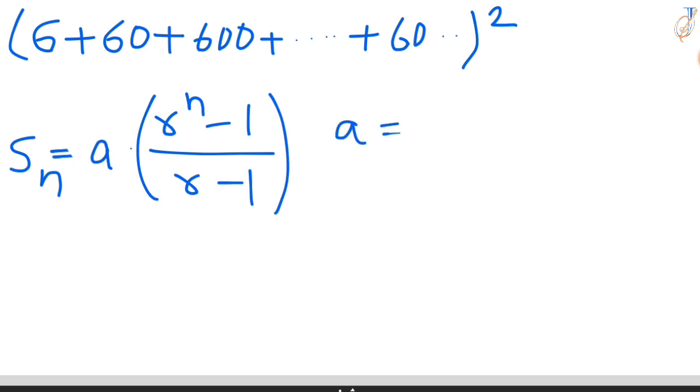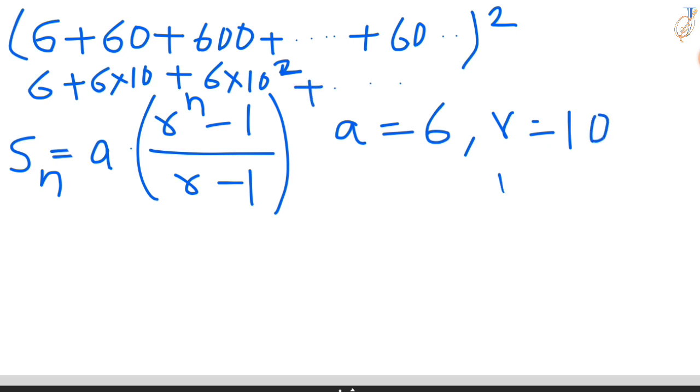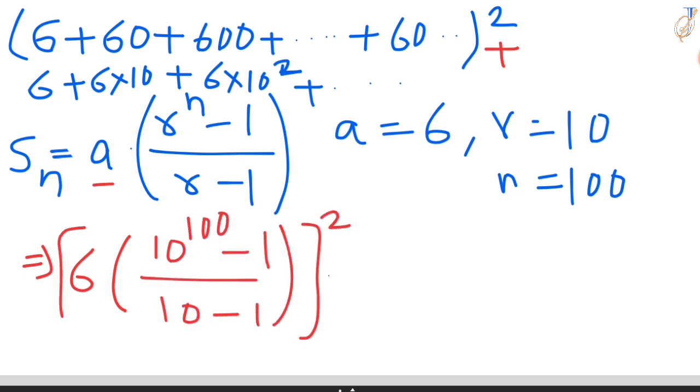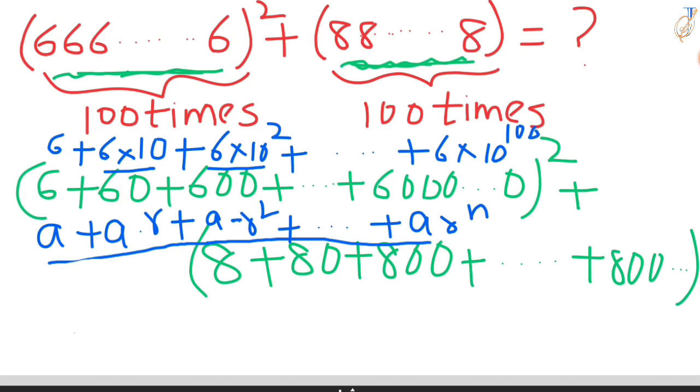A value is 6, r value is 10, n value is 100. These values substitute in the formula. Then the first series becomes 6 times 10 power 100 minus 1 by 10 minus 1 whole square plus, try to write the second series also. In the second series you have 8 and so on.